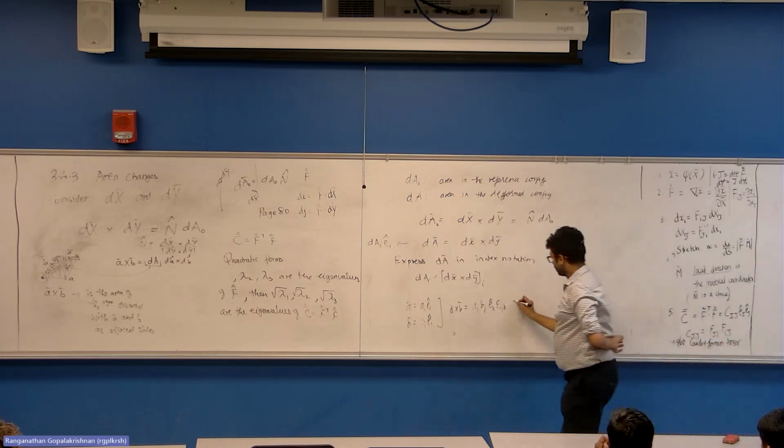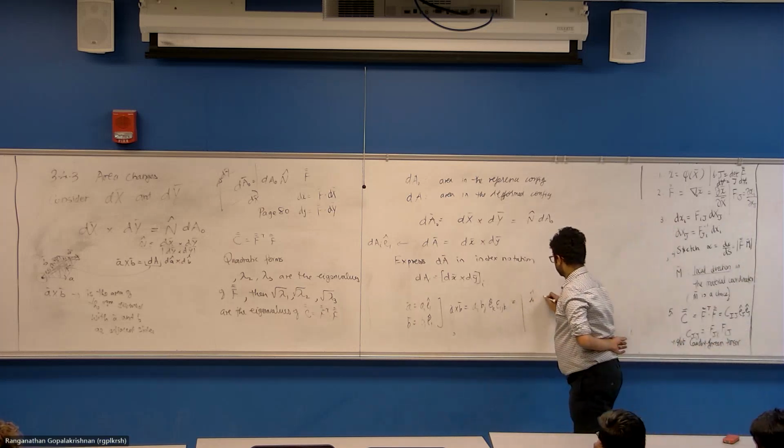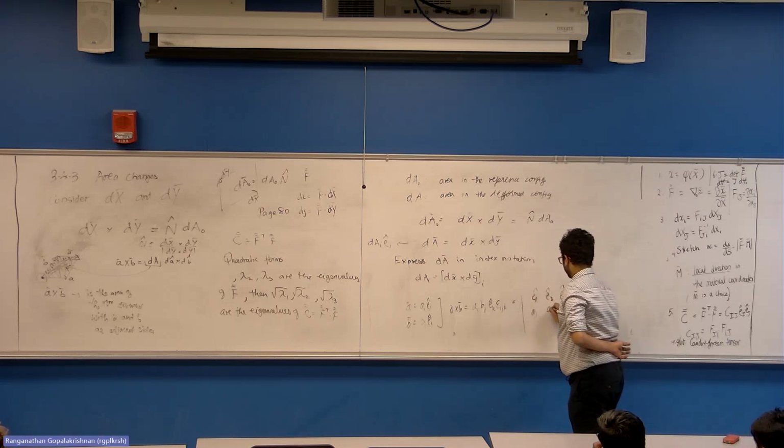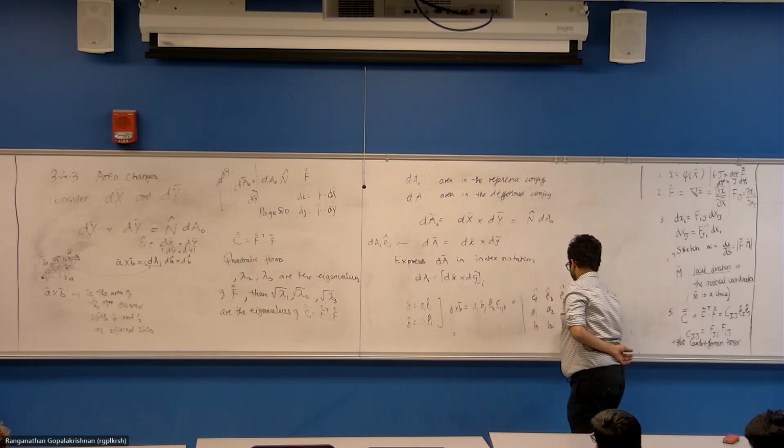This is the same as writing the determinant with rows e1 e2 e3, A1 A2 A3, B1 B2 B3.